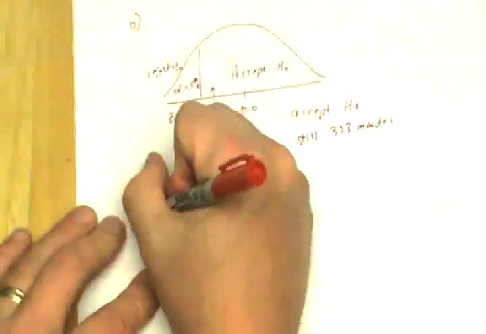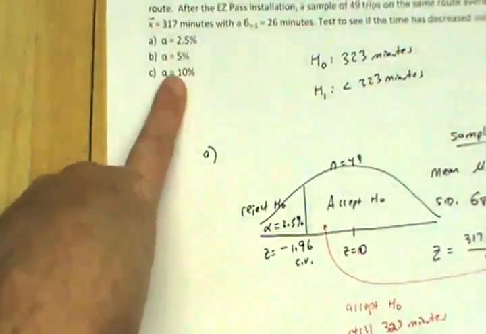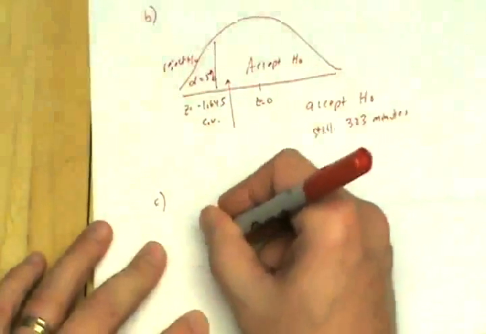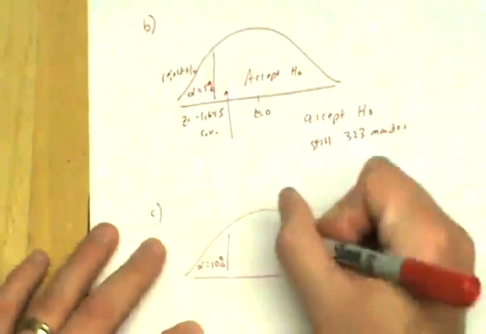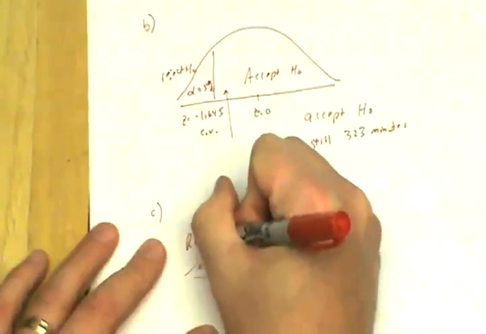So part C, if we scroll up again, part C asks first, let's do an alpha of 10%. Okay, this is accept. This is reject.